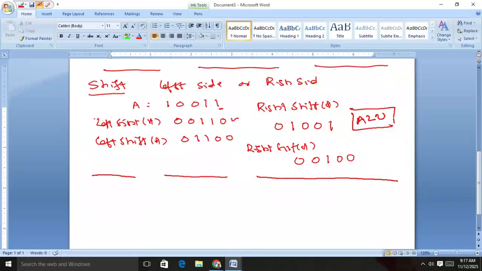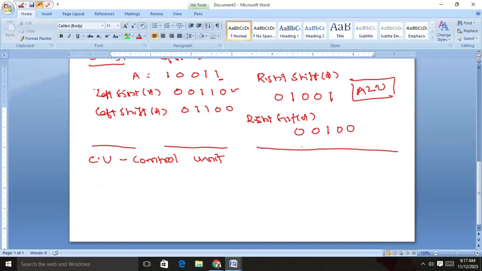All right. The next one is the CU. We are going to call it the control unit. Really, this is the heart of the computer. The processor resides in the control unit, or simply the control unit and the processor are the same.